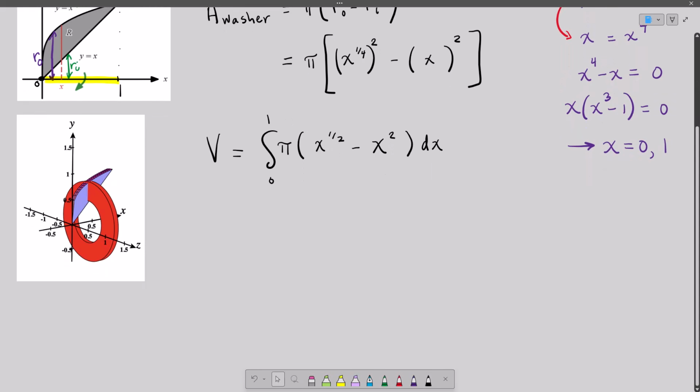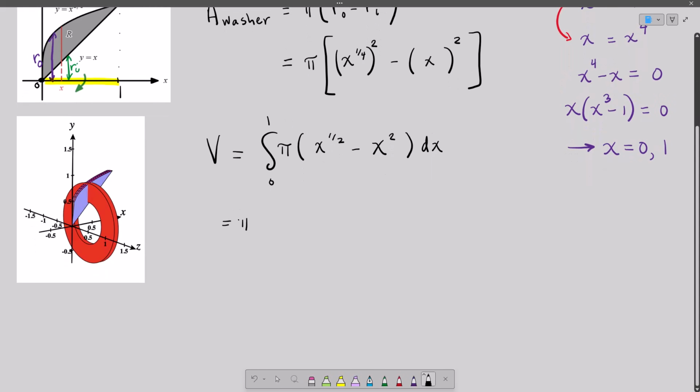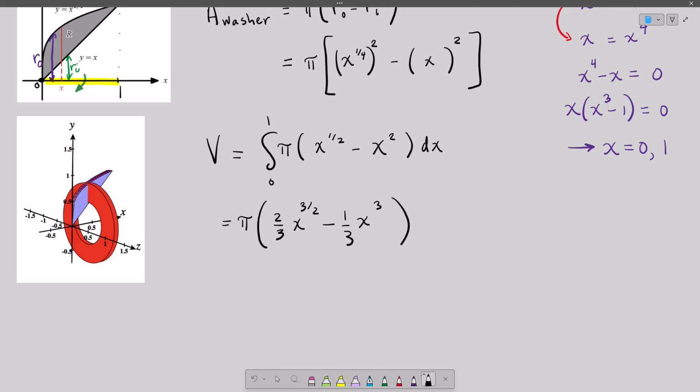So we can factor the pi out and do our power rule for integration. We will end up with x to the, we add 1, so we add 2 halves, we get 3 halves. Divide by 3 halves gives 2/3, x to the 3/2, minus x cubed over 3, from 0 to 1.